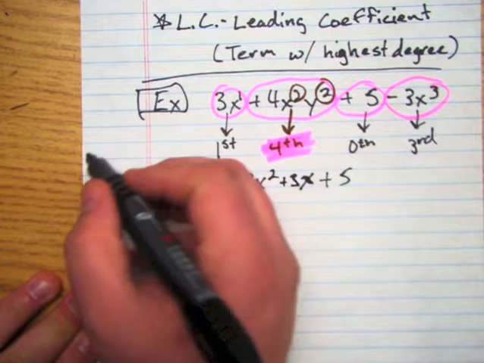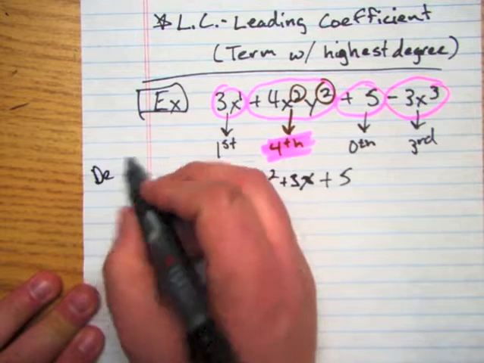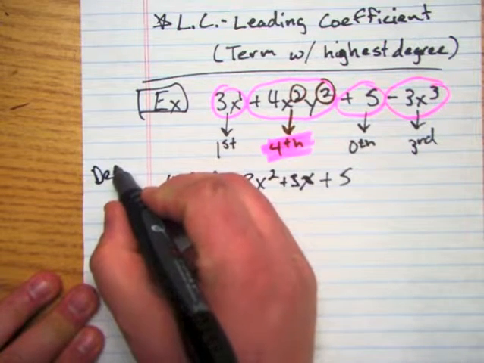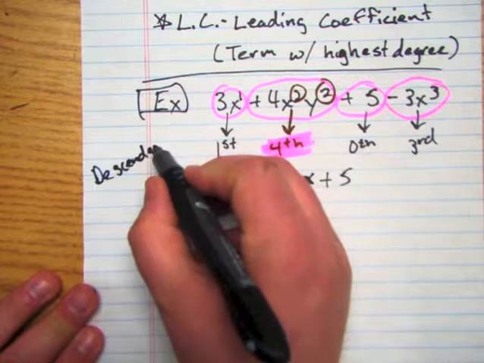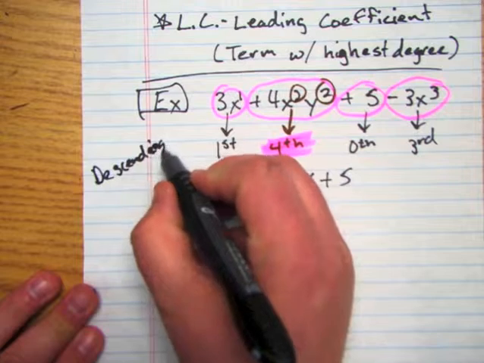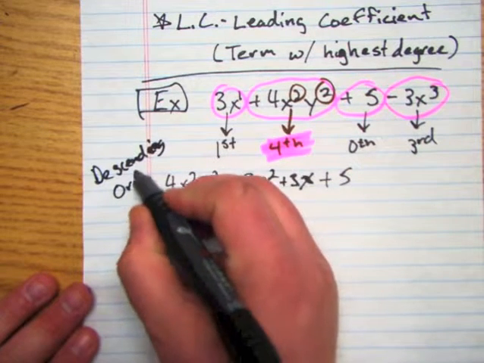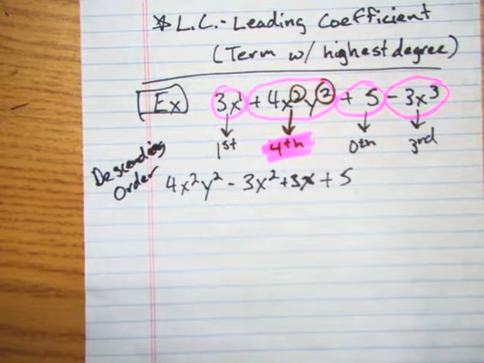We also call that descending order. You could write it in ascending order, which means you go from lowest to highest. But 98% of the time we want to write it in descending order.